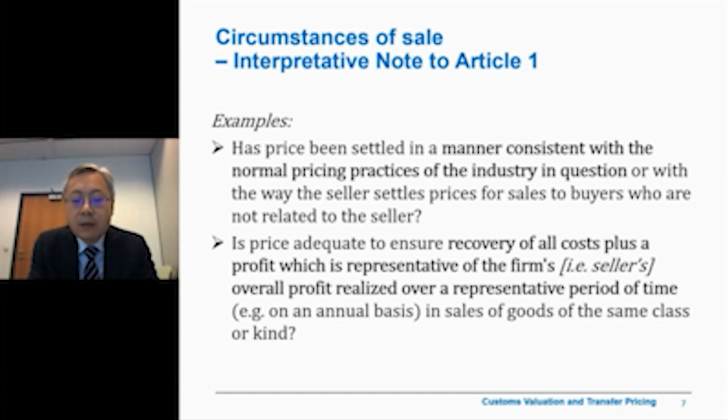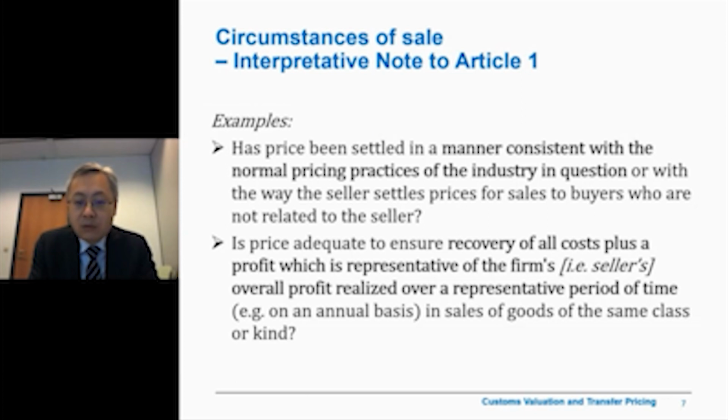First, actually there are two questions we ask ourselves. Has this transfer price been settled in a manner consistent with the normal pricing practice of the industry in question, or with the way the seller settles prices for sales to buyers who are not related to the seller? So this is the question.